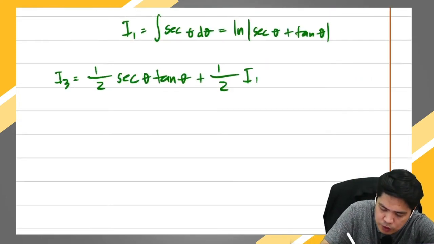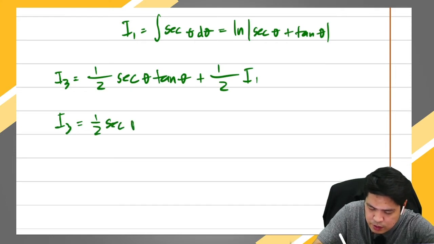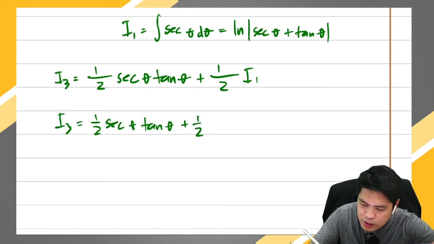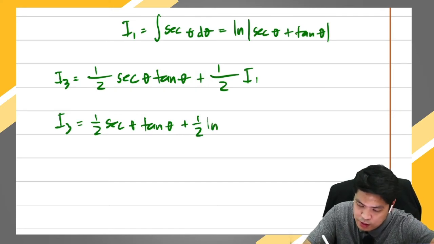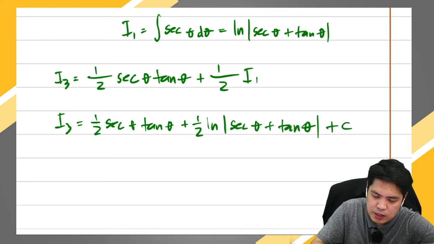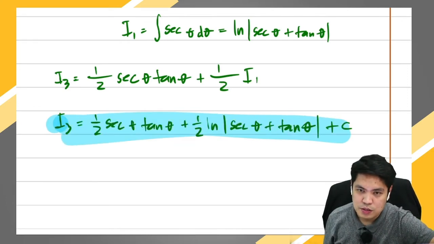So I sub 3 is equal to 1 half secant theta tangent theta plus 1 half I sub 1, which is ln secant theta plus tangent theta plus c. We already solved this in the previous lesson.